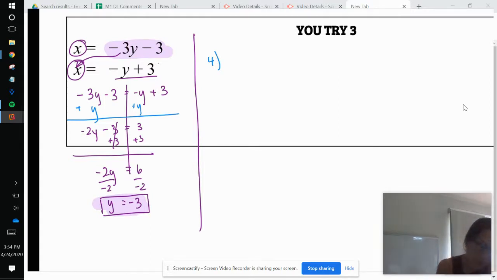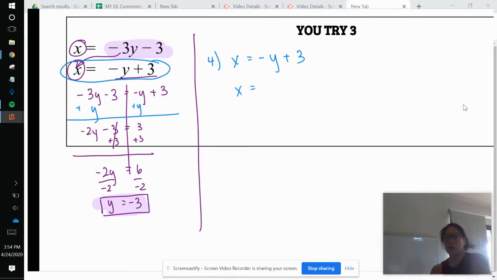I'm going to go ahead and go with the second one this time. x is equal to negative y plus 3. x is what I'm trying to figure out, so I'm going to leave the x. The negative sign is from the equation. I'm plugging in the value negative 3 for y, plus 3, notice the double negative. So negative times negative 3 is positive 3, plus 3 gives me x is equal to 6.